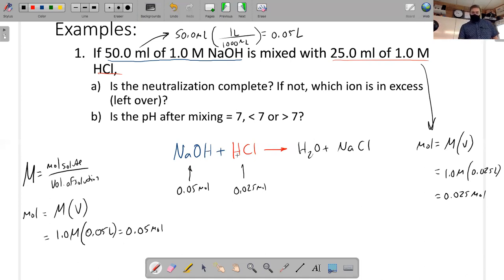So the deal is, all of this hydrochloric acid will react, but not all the sodium hydroxide will react. The sodium hydroxide is the excess reactant, and the hydrochloric acid is the limiting reactant.